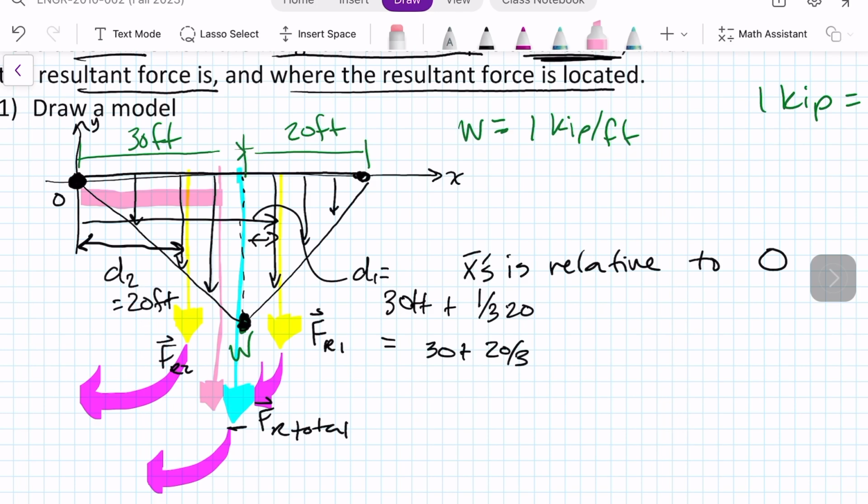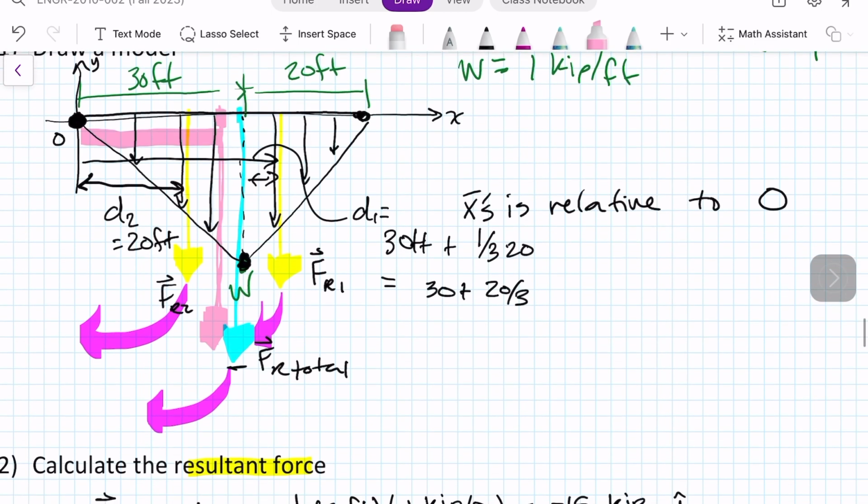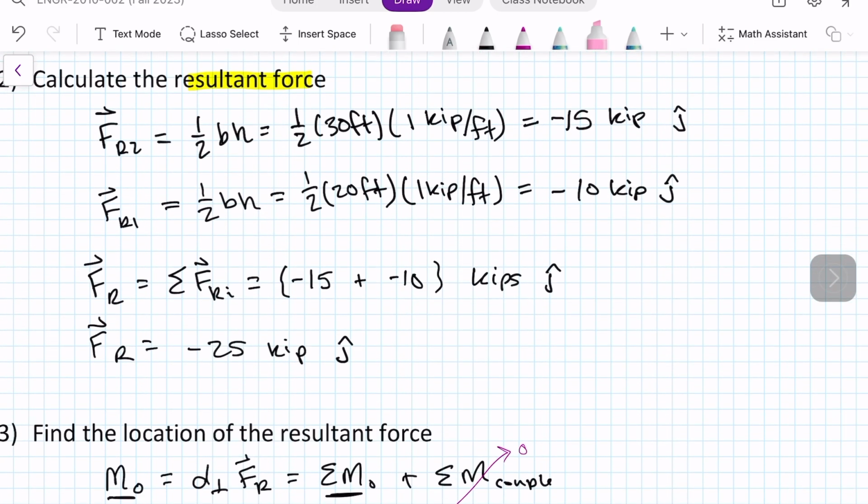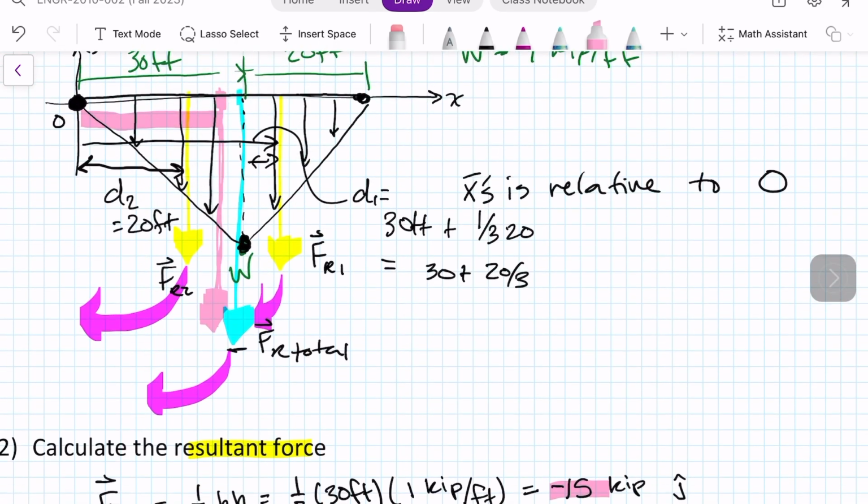Even though we want it to be in the center of these two, it's more on this side of the center of the two triangles, because the triangle on the left has more force magnitude than the one on the right. So it has more influence on where it will be located. We can see too that it's negative 15 kips and negative 10 kips on the other side. But yeah, that's how you would do it.